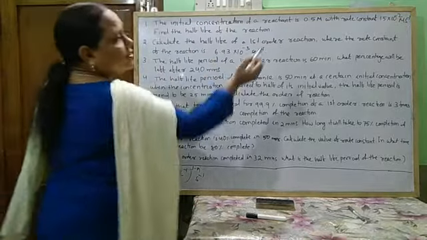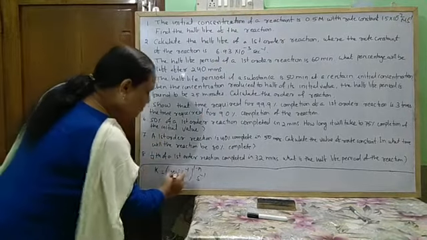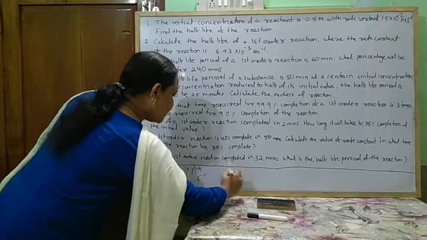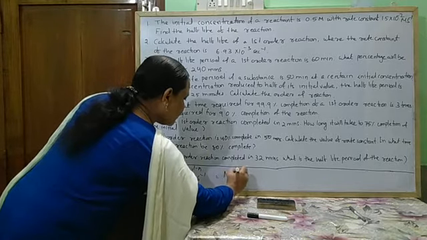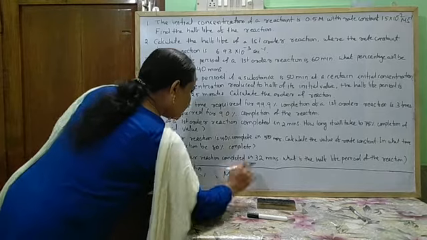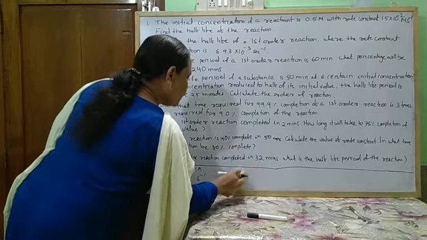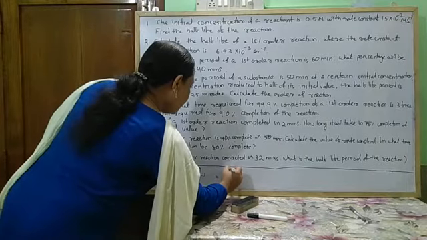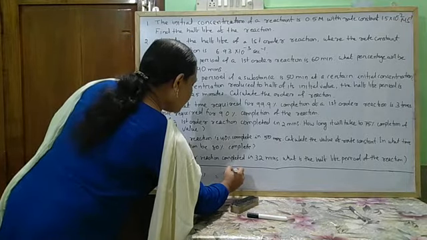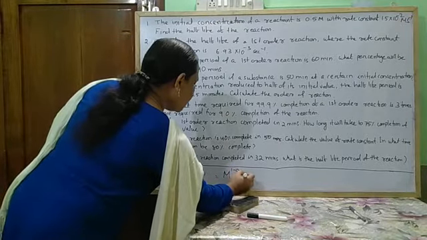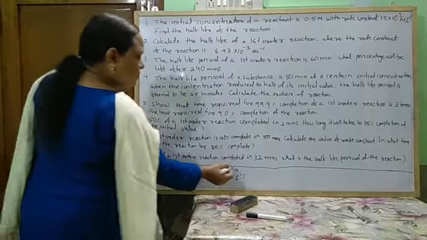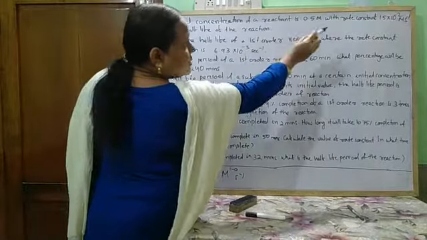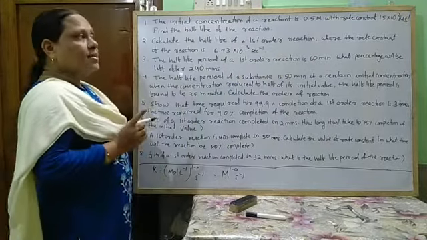As the unit is given, this mole liter inverse is also known as M, molarity, second inverse. So M to the power 1 minus 0 and second inverse. As this n value is 0, from looking at this unit we know this is a zero order reaction.